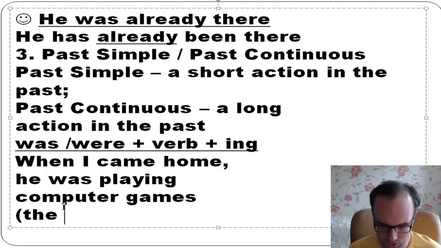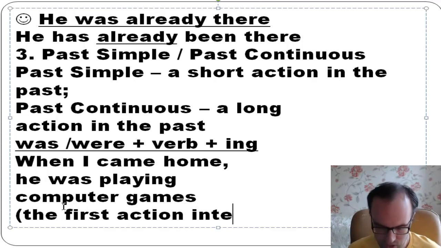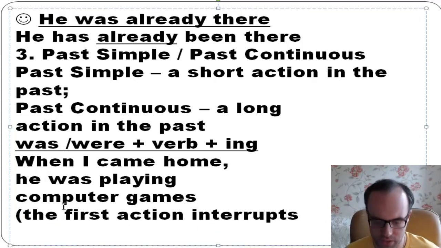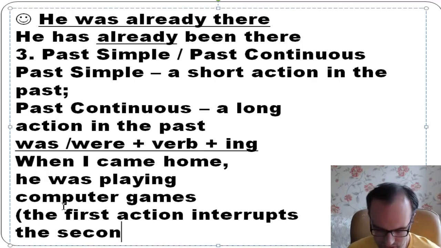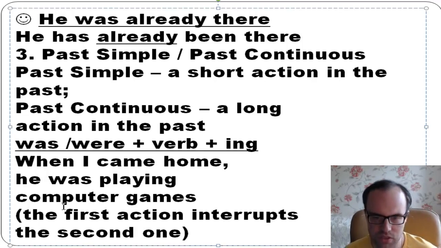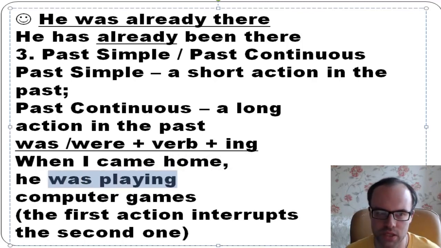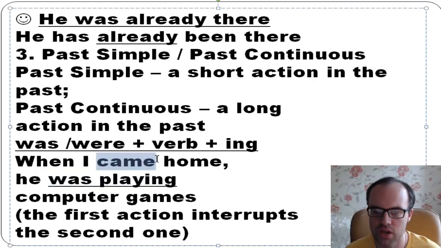So the first action interrupts the second one. So there is one long action, was playing, and there is a short action. When I came home, he was playing computer games.